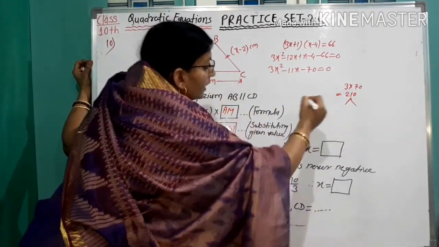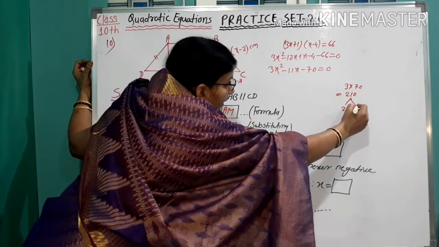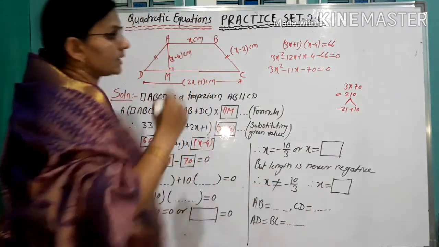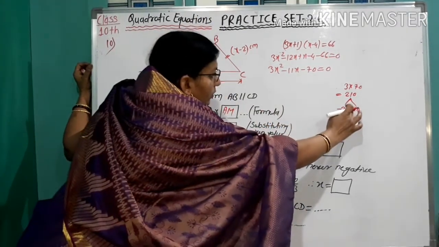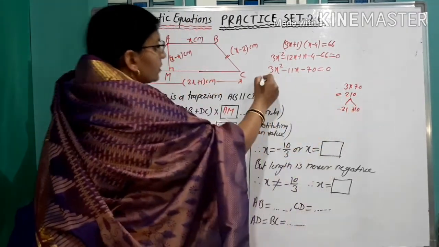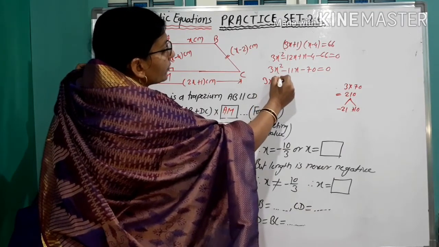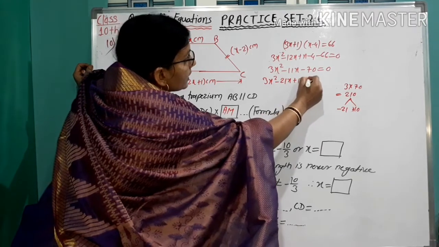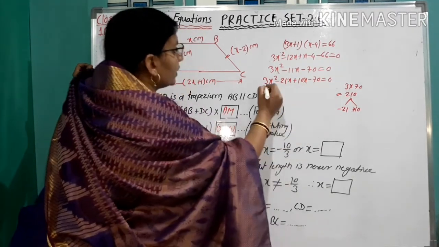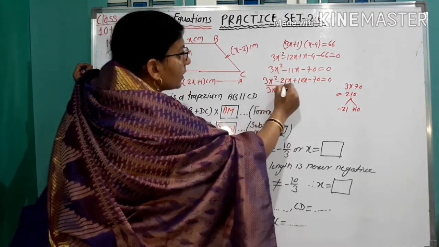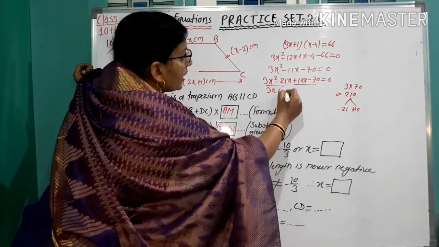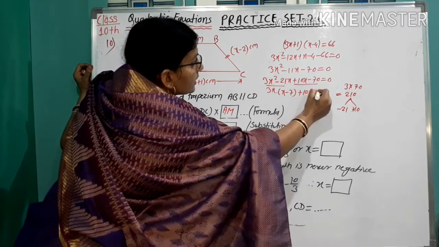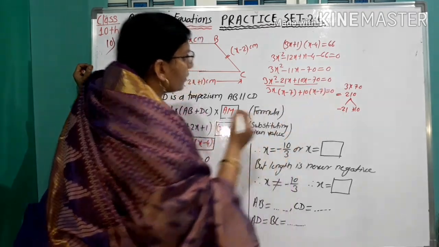Factors of 210, difference is 11, that is 21 and 10, that is minus 21 plus 10. These are the two factors. So 3x square minus 21x plus 10x minus 70 equal to 0. Here 3x taken common, we have x minus 7 plus 10 common, x minus 7 equal to 0.